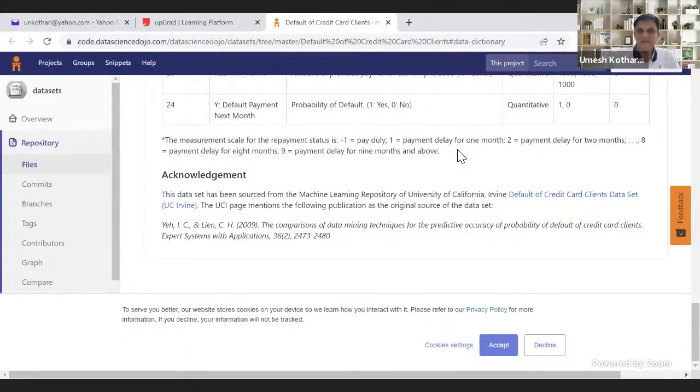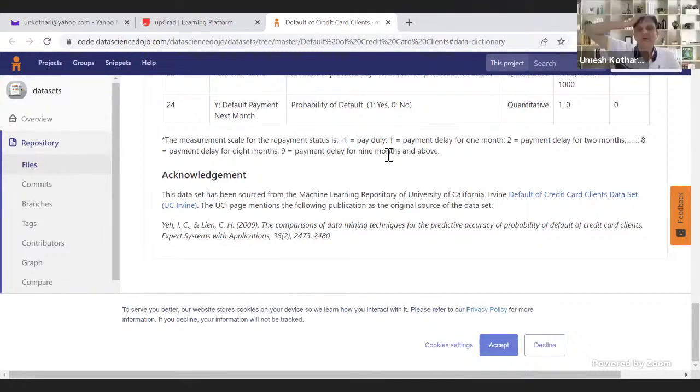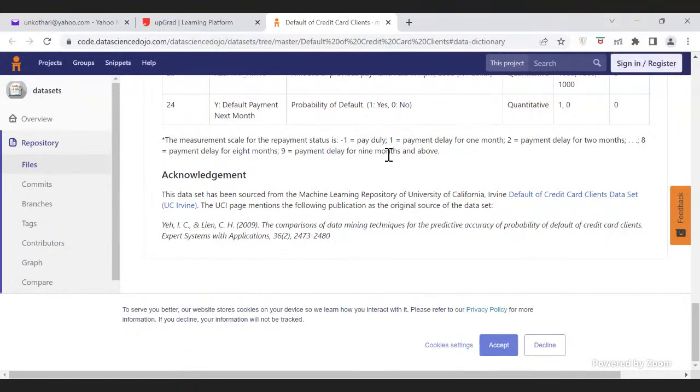Okay, but look at this, payment delay for 1 month, 2 months, and so on. It's going up to 9 months. So there is no room actually for a 0 there in that sense. Honestly speaking, on the scaling, 0 can be a payment delay of 15 days. No, actually, Professor, it's saying that there can be a default of the payment, which is not mentioned.